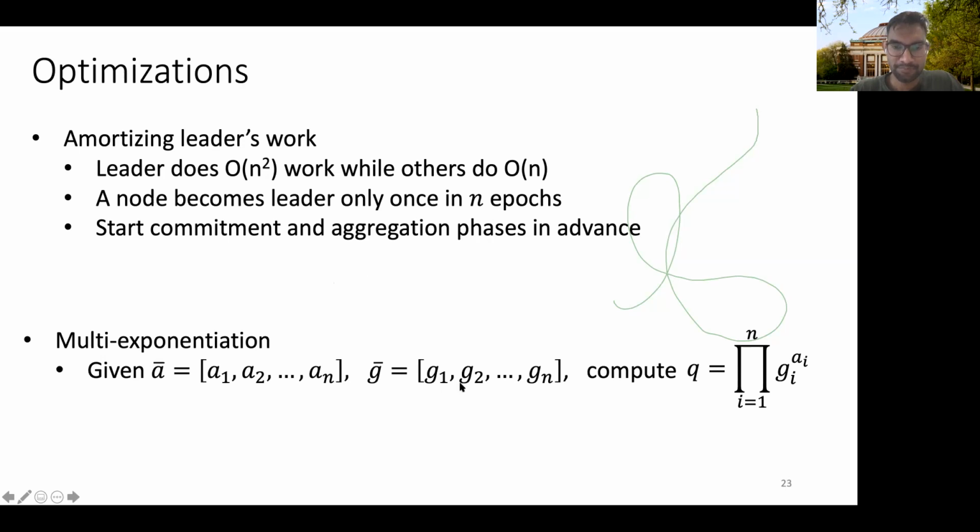If you have a vector of group elements G1 up to Gn, and field elements A1 up to An, and we want to compute the product of Gi raised to Ai for all i from 1 to n, there are naive ways of doing this, but using multi-exponentiation, this product can be computed faster than the naive approach. There are quite a few techniques for doing so. We just use the one available in the library that we used to implement our protocol.